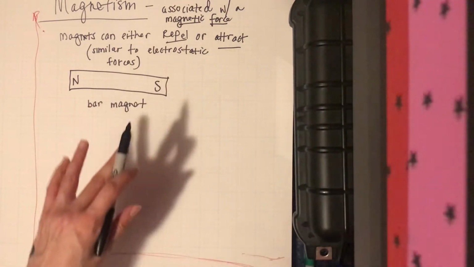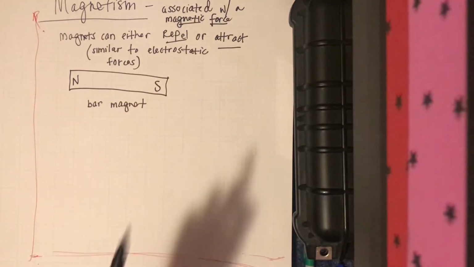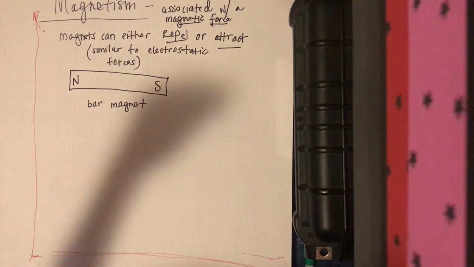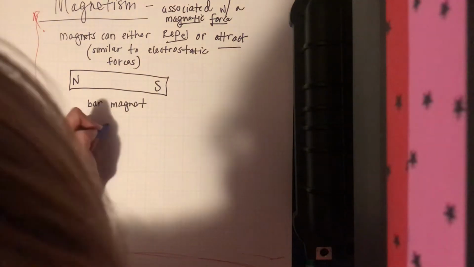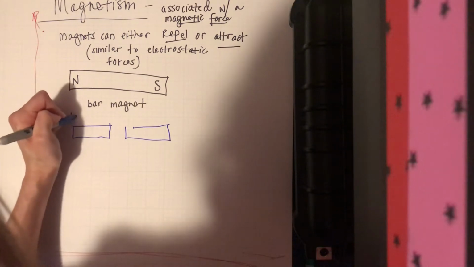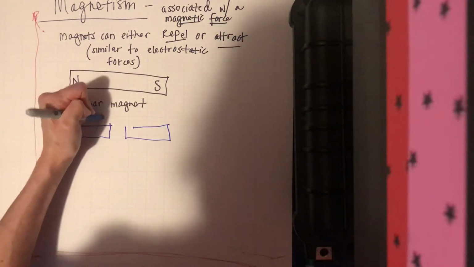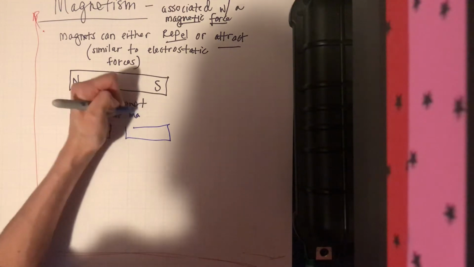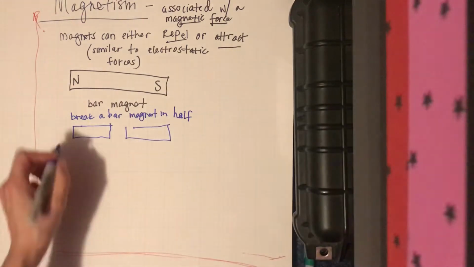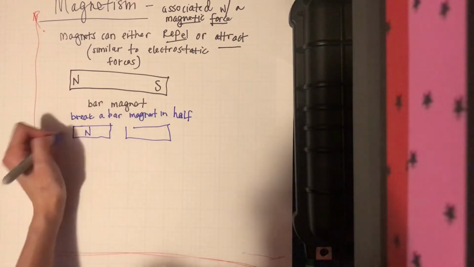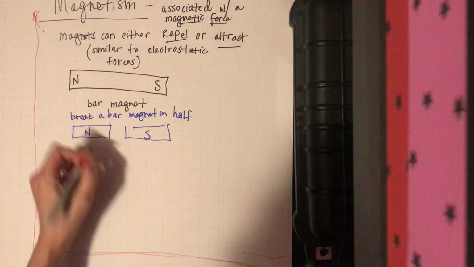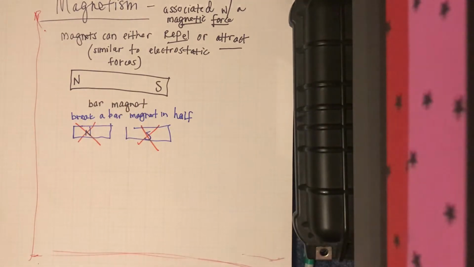Now, before we talk about what's repulsive and what's attractive, I just want to make a note that if we break a bar magnet in half, we won't just have a north pole magnet and a south pole magnet. This is not what happens. So we won't end up with these monopole magnets.